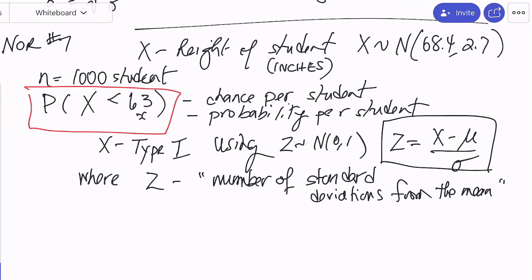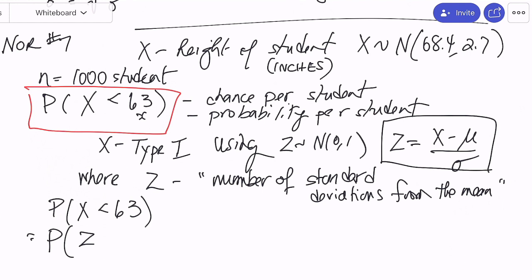Sorry, I'm learning my new iPad and the Apple Pencil. So I take this and I standardize.